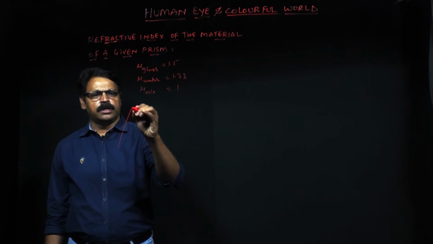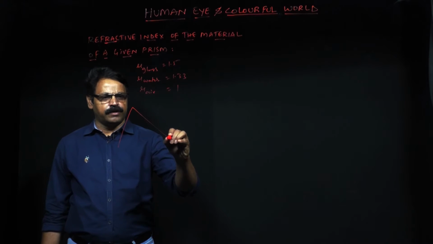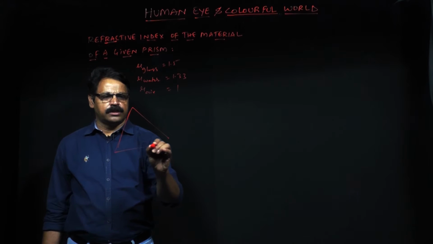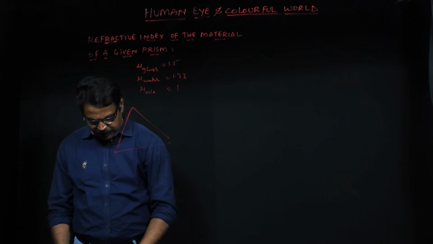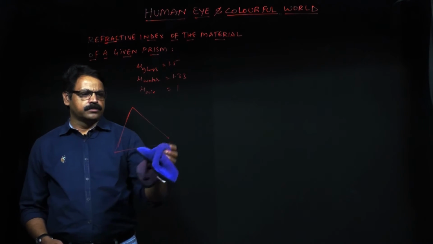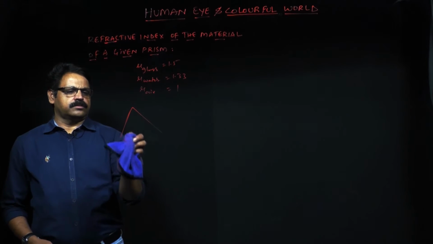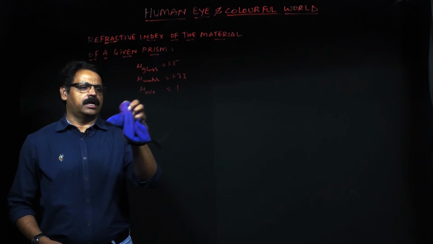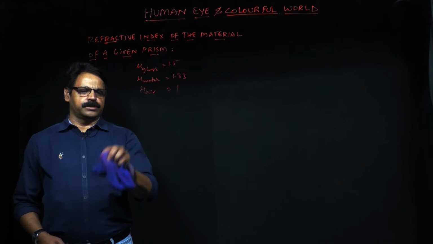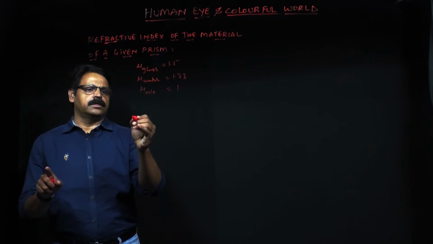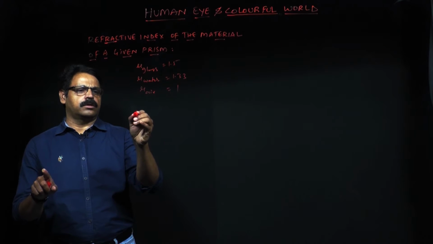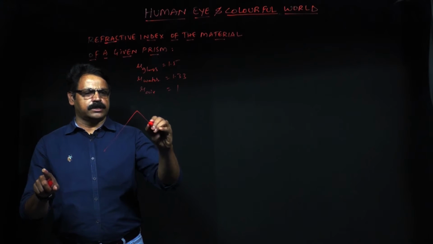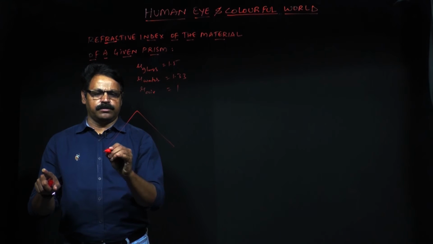Let us suppose this is the prism given to us. Here I am considering an equilateral prism, and using this equilateral prism we are finding out the refractive index.